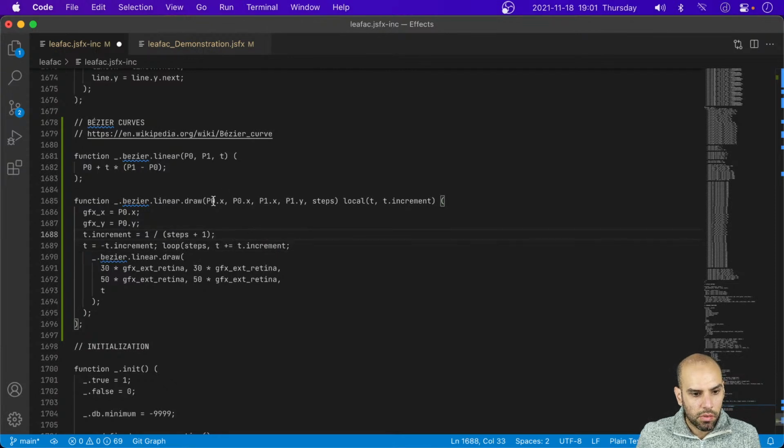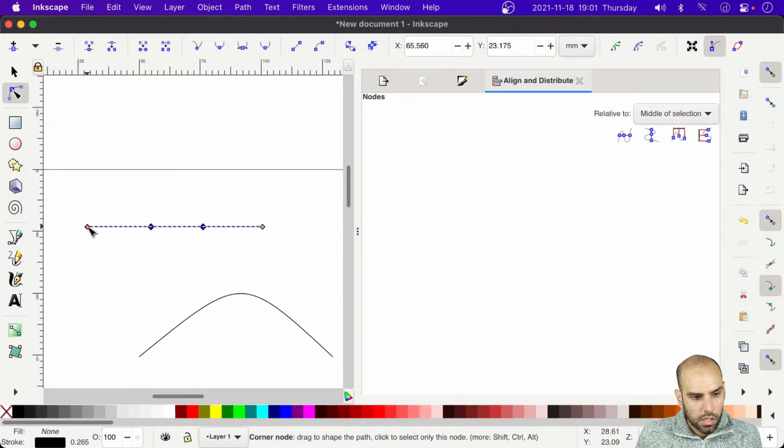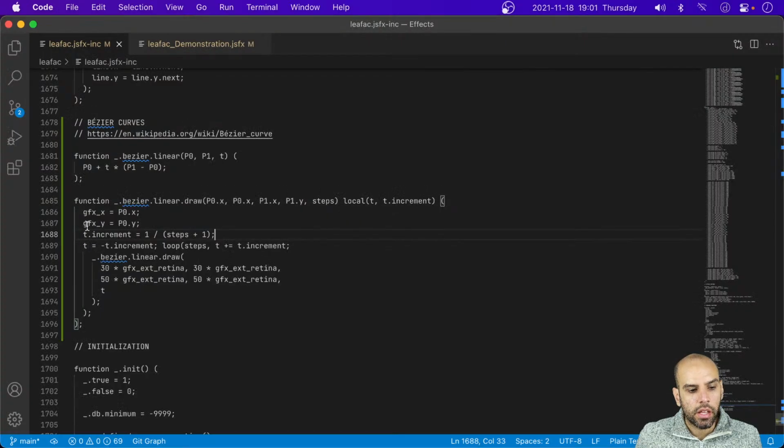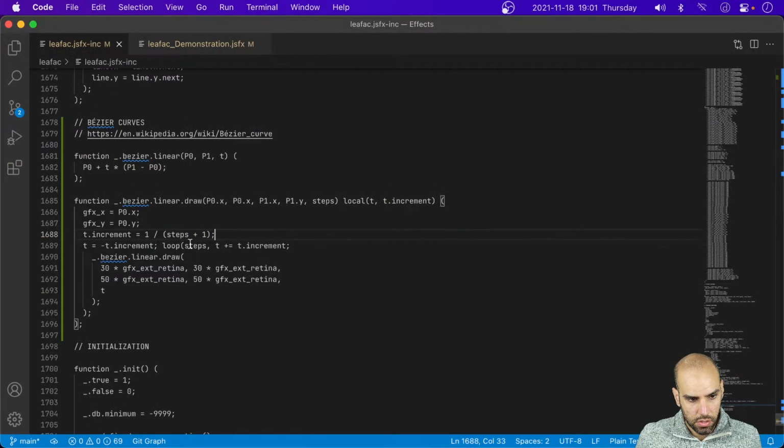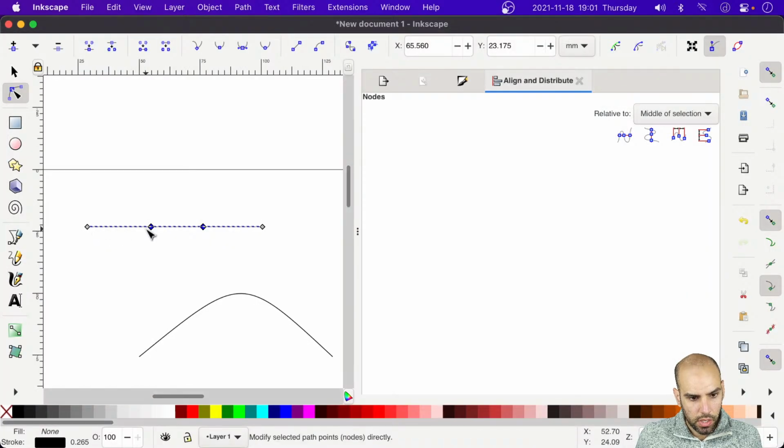So now let's think about this for a moment. I want to start with 0. And I want to take 1, 2, 3 steps. Okay. What does the increment need to be? If I want to take 1, 2, 3 steps, I need to divide this line segment in 4 points.